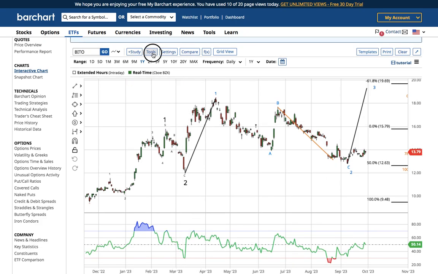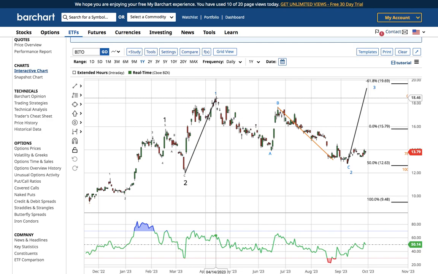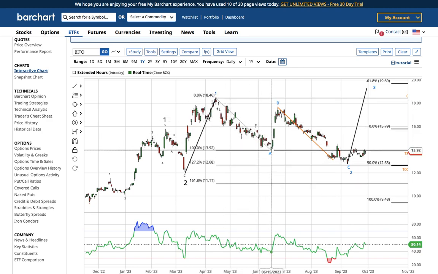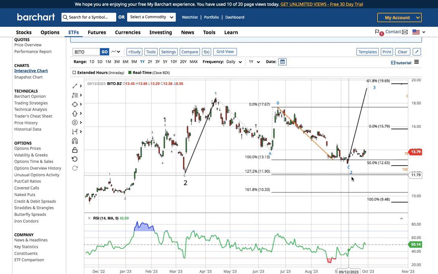But as far as ending an ABC correction, it still could be ending an ABC correction. I just wanted to talk about these numbers with Bitcoin, a popular instrument. So I'm going to measure this ABC correction: 11.90, a little further than 12.06, 10.33, very wide, not very useful.